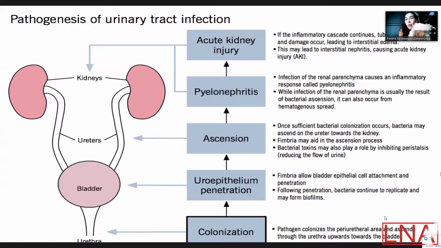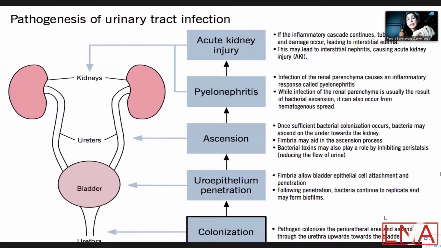Ascension in the zone of ureters. Once sufficient bacterial colonization occurs, bacteria may ascend the ureter towards the kidney, and this is the ascending way of infection. Fimbriae may aid in the ascension process, and bacterial toxins also play a role by inhibiting peristalsis and reducing the flow of urine.